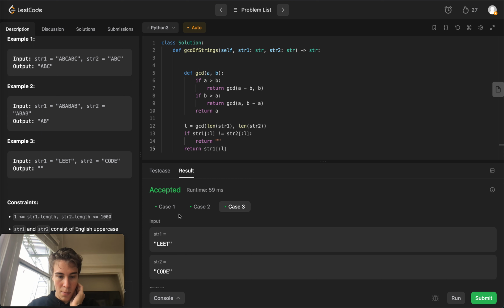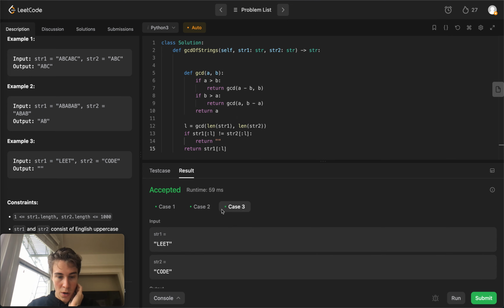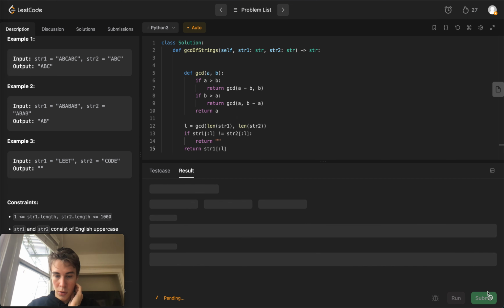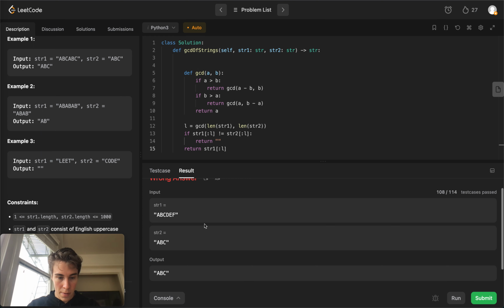So yeah, this solves this problem, right? But the problem here is that as we go on to longer strings, we need to check not just that the first part of str1 or str2 is equal to the GCD, but that it's actually a multiple.